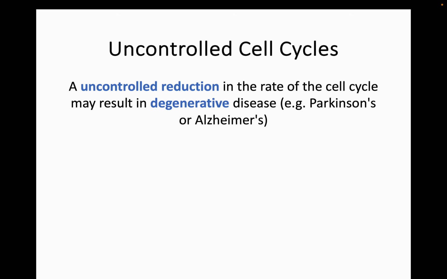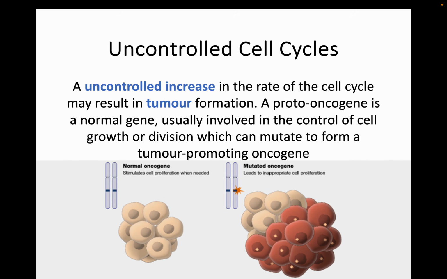If there is an uncontrolled reduction in the rate of the cell cycle, so if it isn't completing fast enough, if it keeps getting stopped, if there's too much cell death going on and we're not reaching the amount of replication that we require, then that can result in degenerative diseases, so things like Parkinson's or Alzheimer's. So try and remember that a reduction in cell cycle leads to degenerative diseases, but the same is also true the other way. If there's an uncontrolled increase, then we're going to have tumor formation, like I've mentioned before.